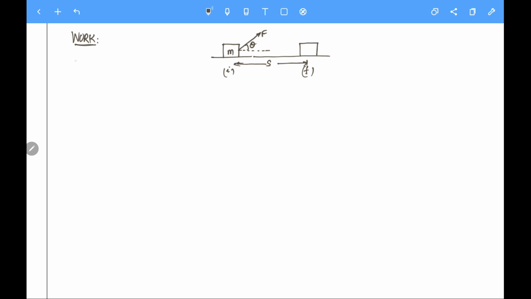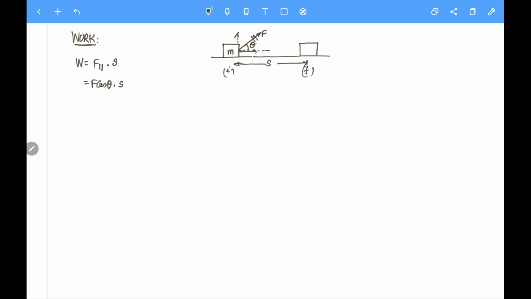As per definition, work is the product of force in the direction of displacement, that is F parallel to the displacement, and displacement. Here the force in the direction of displacement is, as per this figure, F cos theta times s. If we resolve this vector, there are two components.